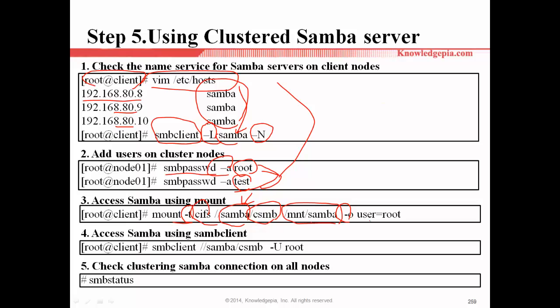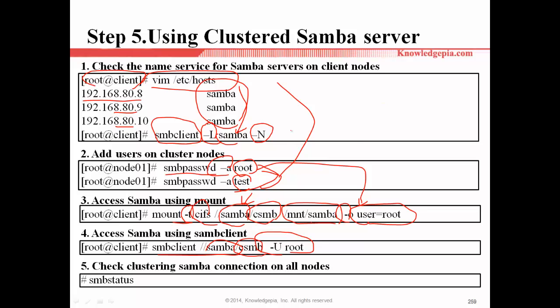The option user root means it comes from here, like this. Or if we use smbclient, like this, smbclient, Samba host name and directory name, username like this. And number 5, check the clustering Samba connection on all cluster nodes.